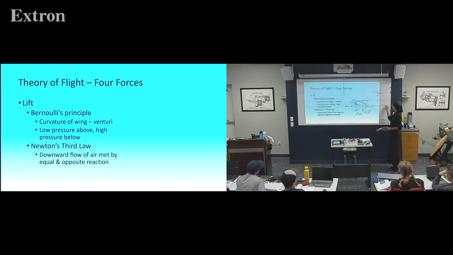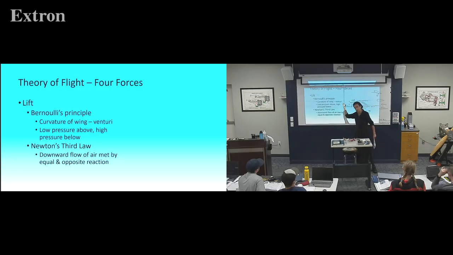The wing is set on the aircraft, if you look at an aircraft, a little bit cocked upward, slightly, to make sure that there's lift. But yeah, there are problems if you try to go with just one or the other solely.